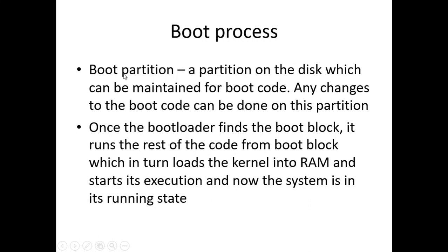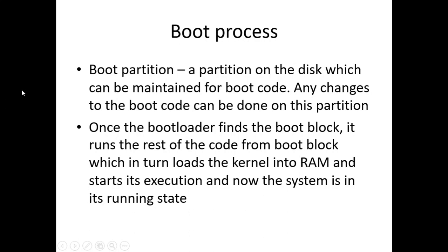Also, there might be a separate partition maintained on the disk wherein all this boot related code is maintained. So if there is any change required to the boot code, we can make those changes in this boot partition. Just to repeat this boot process: first the bootloader has code which searches for the boot block, and then the boot block has additional code which is more complex.